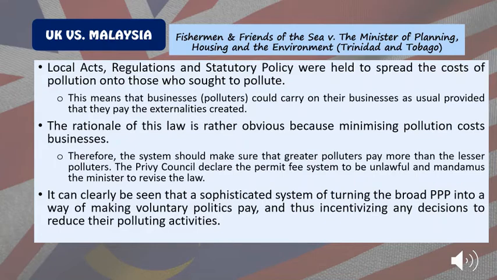So businesses as polluters could carry on their businesses as usual, provided that they pay the externalities created. The rationale of this law is obvious because minimizing pollution costs the business. Therefore, the system should make sure that greater polluters pay more than lesser polluters.